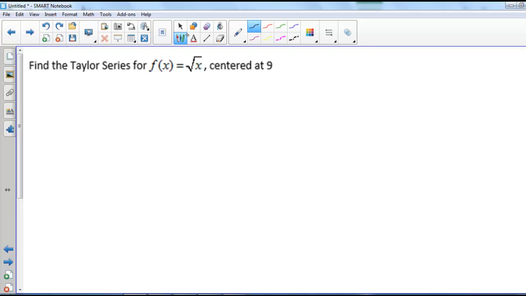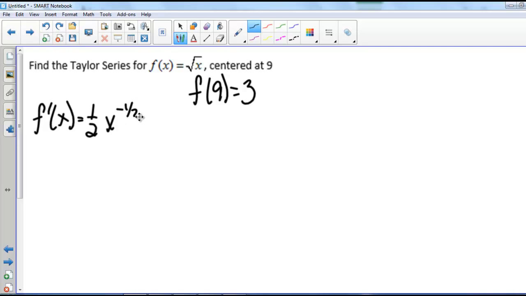We want to find the Taylor series for f of x equals the square root of x centered at 9. So first we're going to find f of 9, and that's 3. Then we're going to find f prime of x, which is 1/2 x to the negative 1/2. f prime of 9 is 1/2 times 1/3.